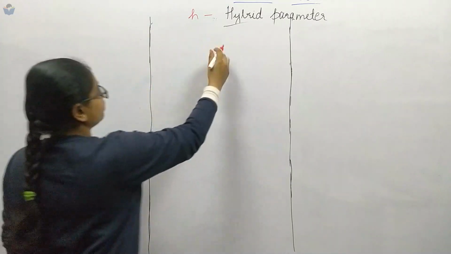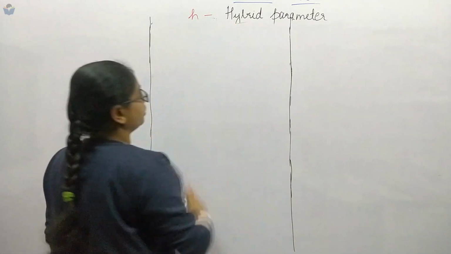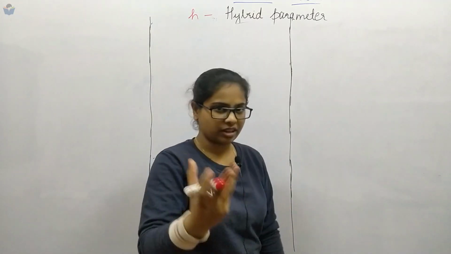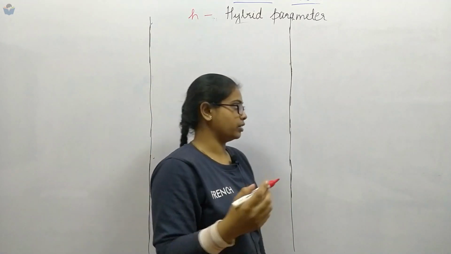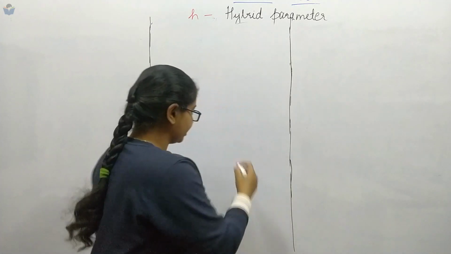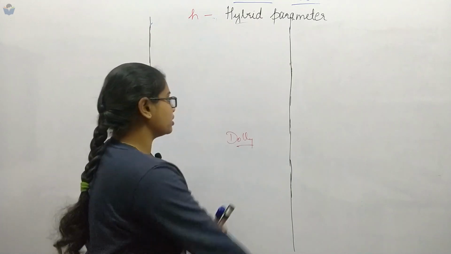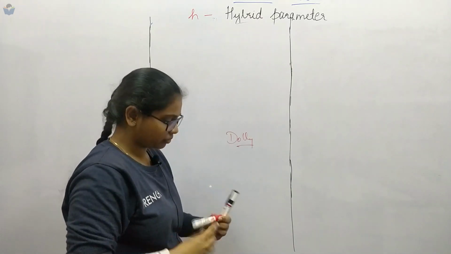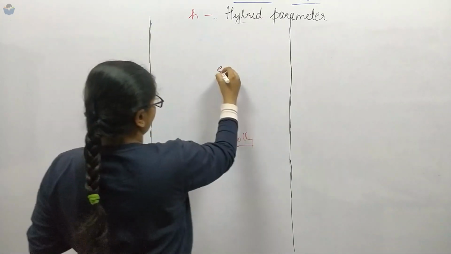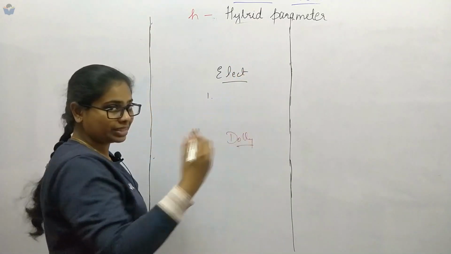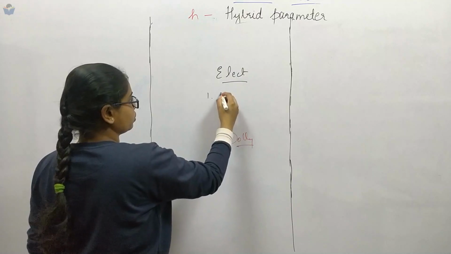Now what do you mean by hybrid? The word hybrid. You have seen hybrid vegetables, so that is in terms of agriculture. If you have seen our first Dolly, that is sheep, it was a hybrid. Next, coming to electricity, in terms of electrical engineering, you mix the energy with renewable energy sources.